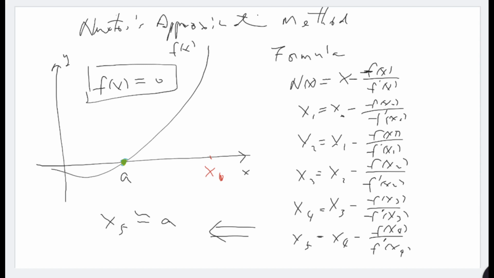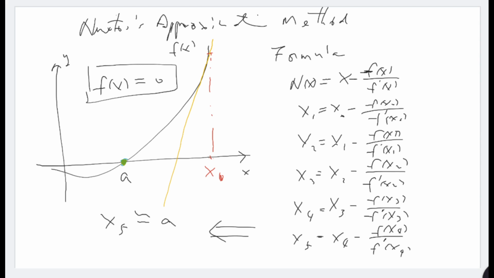We'll talk about how to pick the first location. Just say pick 1, then at the location x0 on the graph, you draw a tangent line. That's why this is basically a tangent line approach.